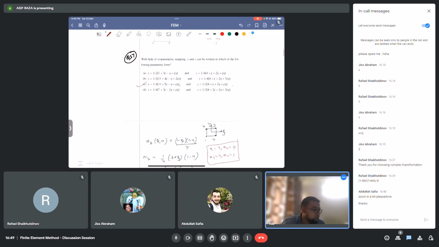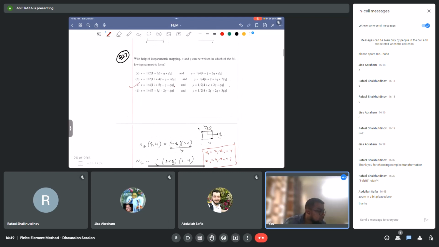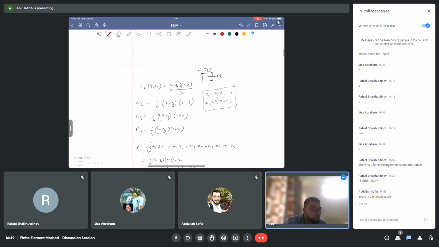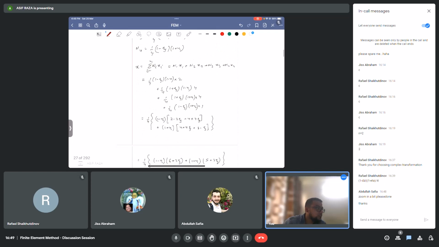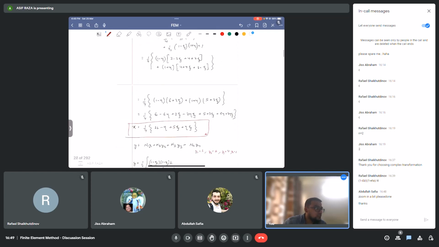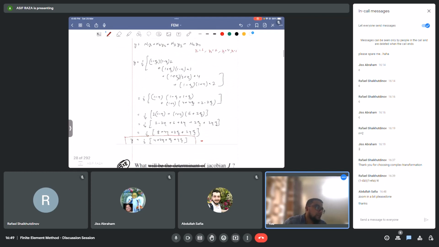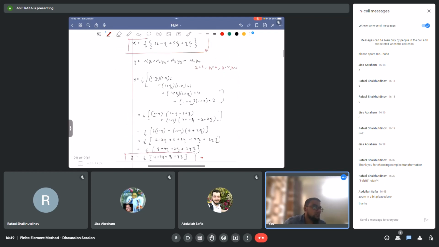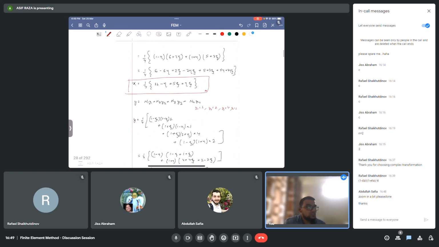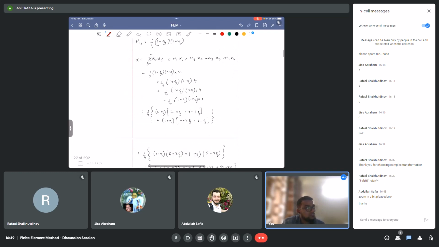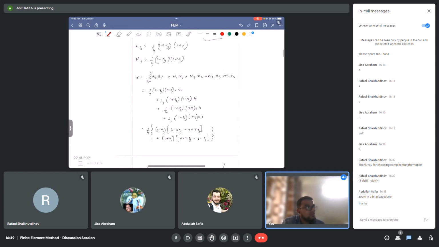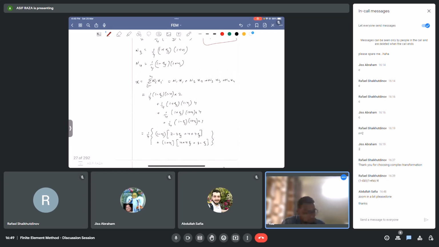Zoom in a bit. Okay, yeah. It's just complete substitution. First, you need to know what will be my shape functions, and just substitute the values of the coordinates into this.